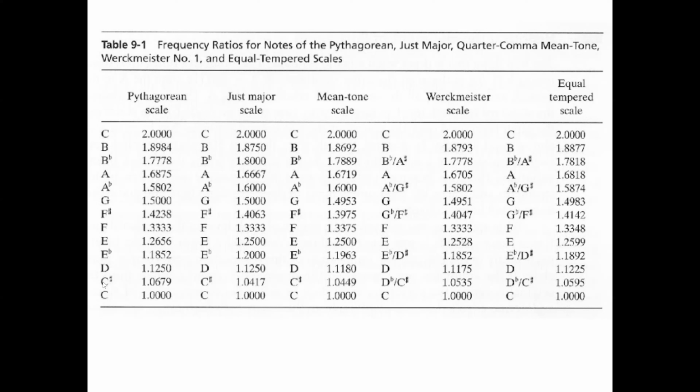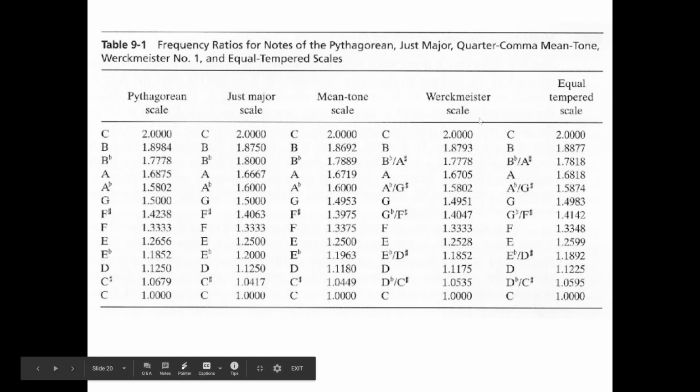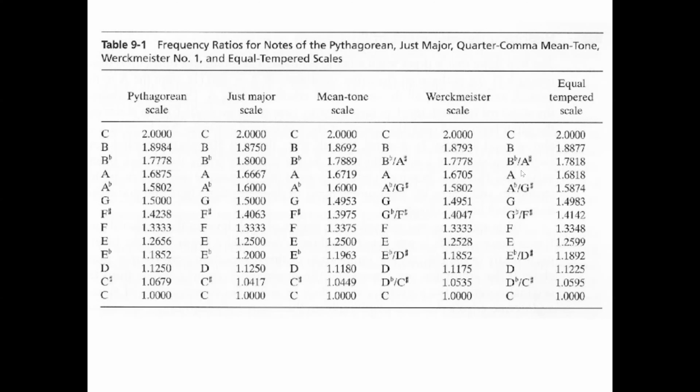They don't even reference D flat. E flat and D sharp, these are all paired here because in this scale, Werkmeister and Equal Temperament, you are playing these with one key on a keyboard. Here, D flat could be a different note depending on what tuning compromises you make.